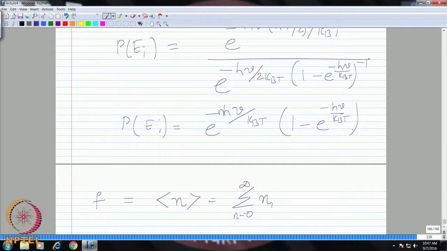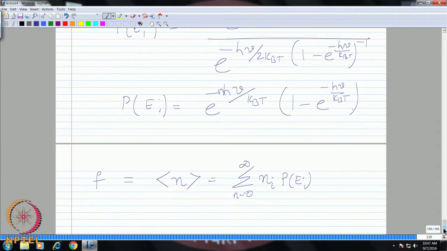This is your number density at each energy level; the corresponding value of probability you have to multiply and sum over all the discrete energy states from n equal to 0 to infinity. In the case of electron, we did this only for the occupied and the empty state. Now, for the case of photons, it is a canonical ensemble, so we will sum it over all the discrete energy states possible.